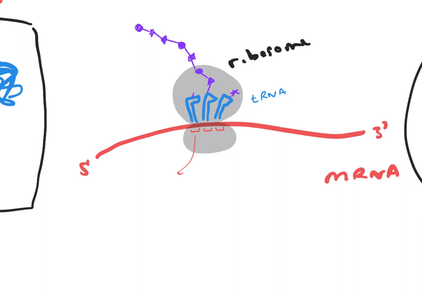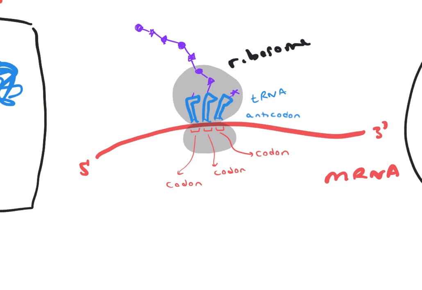So each one of these is going to be a specific codon which corresponds to a specific tRNA, which has a specific amino acid. So codons are found in the mRNA, and the tRNA has anticodons, which are going to be complementary to the codon.